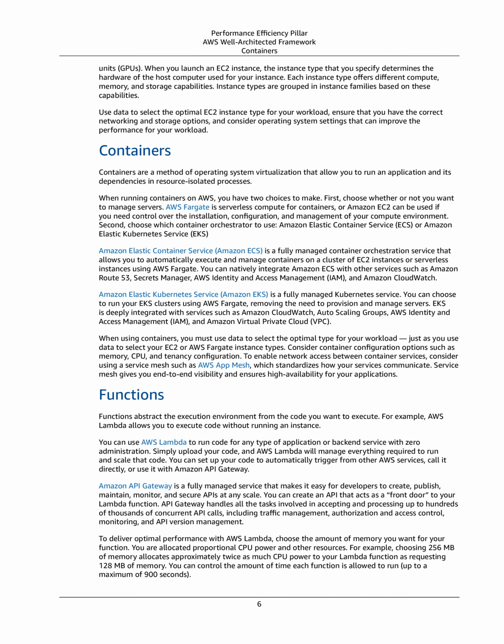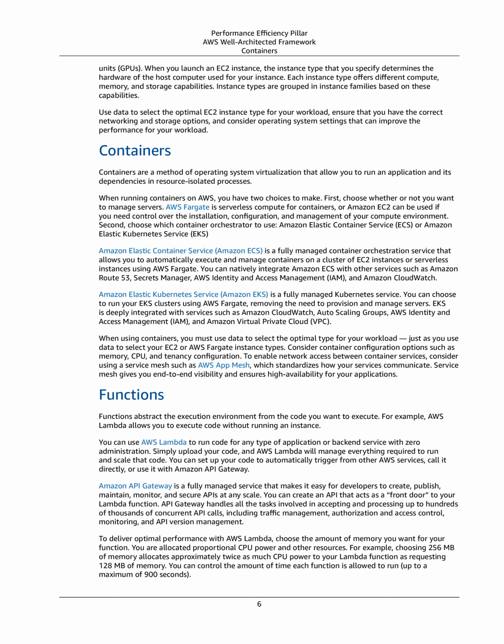Each instance type offers different compute, memory, and storage capabilities. Instance types are grouped in instance families based on these capabilities. Use data to select the optimal EC2 instance type for your workload, ensure that you have the correct networking and storage options, and consider operating system settings that can improve the performance for your workload.